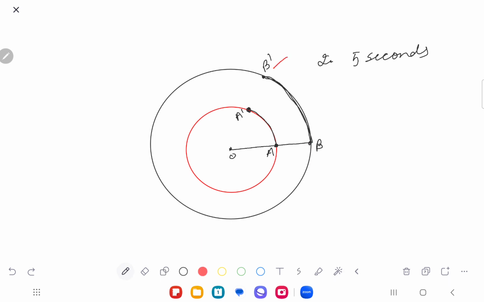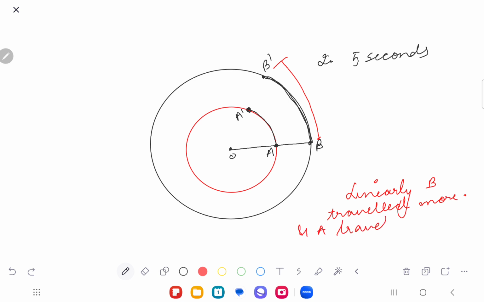Linearly, B traveled more. Linearly, the longer the distance, B traveled more, and A traveled less. But my point is, angularly, both of them traveled the same.